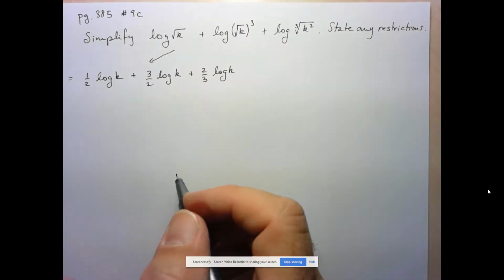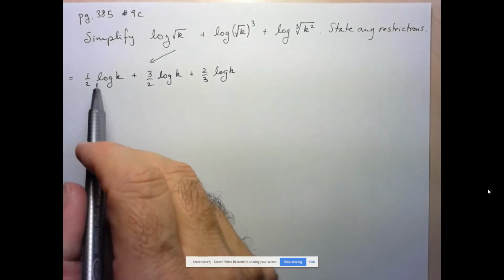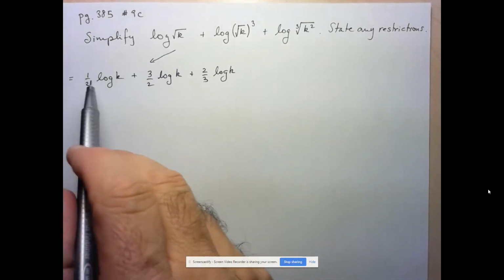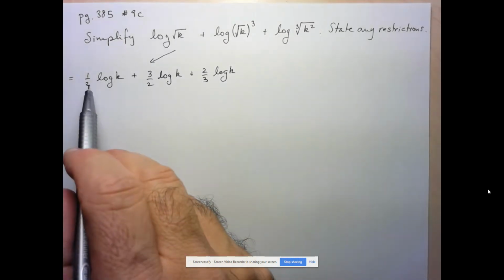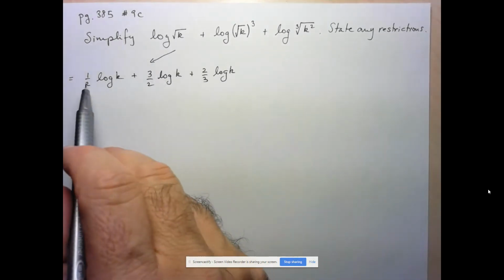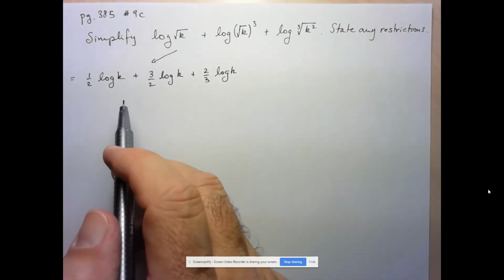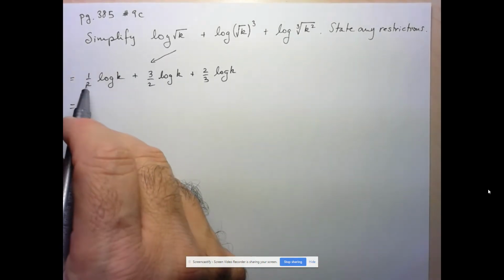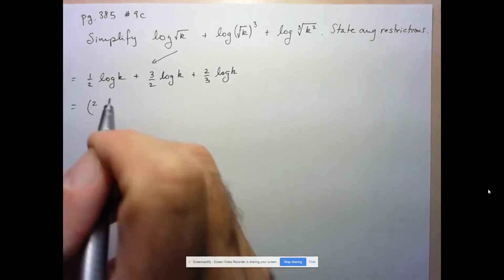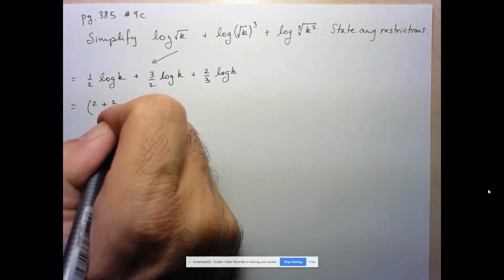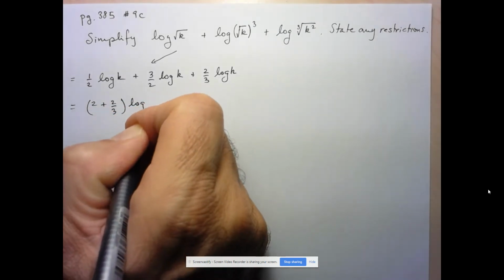All right, but look what we have. These are essentially all like terms because it's just multiples of log k. So I can just add the coefficients of these like terms. So what do we have? We have 1/2 plus 3/2, so 4/2 is 2. Plus 2/3 times log k.